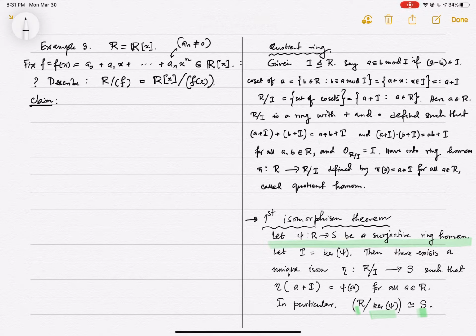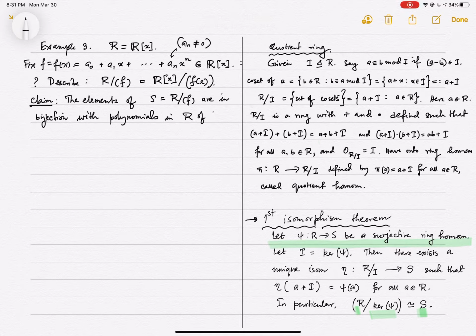So what I want to say is that the elements of this ring, let's call this quotient S, as we did in the previous example, are in bijection with polynomials in R[x] of degree at most n minus 1.